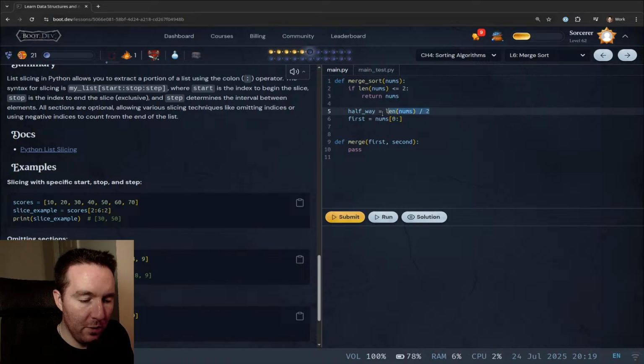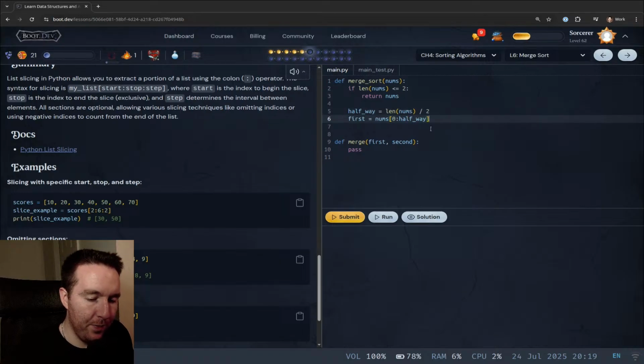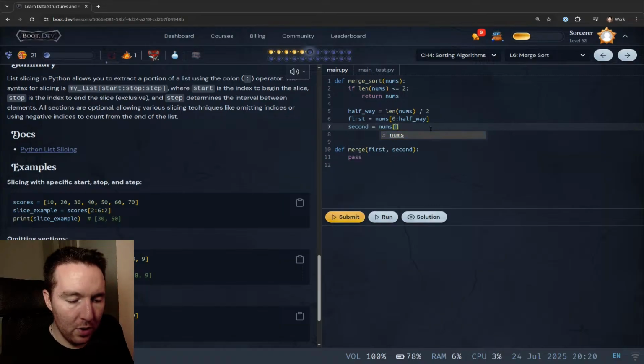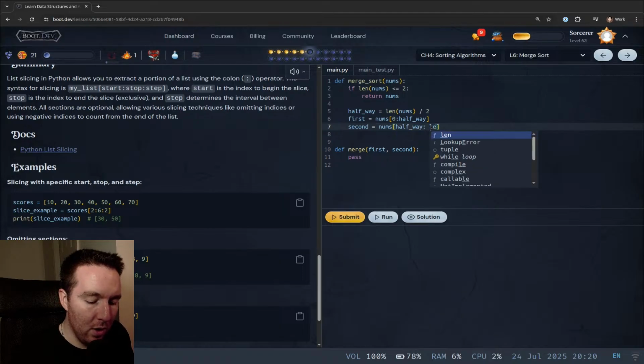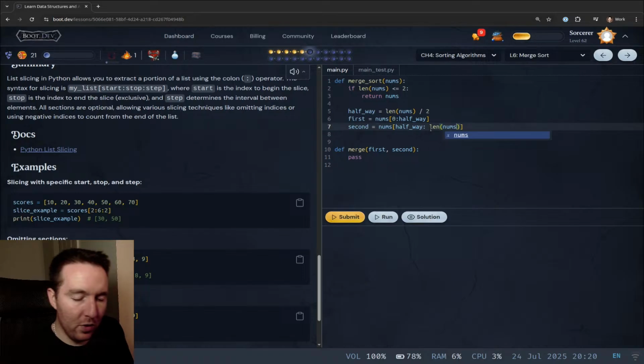Is there a function for ceiling or rounding up or down? I can't remember. Let's do that for now and see what it does. So first is from 0 to halfway, and second is going to be nums from halfway to the length of nums.